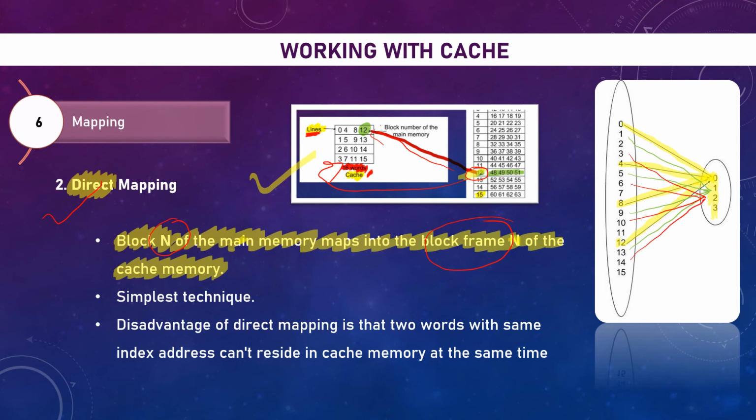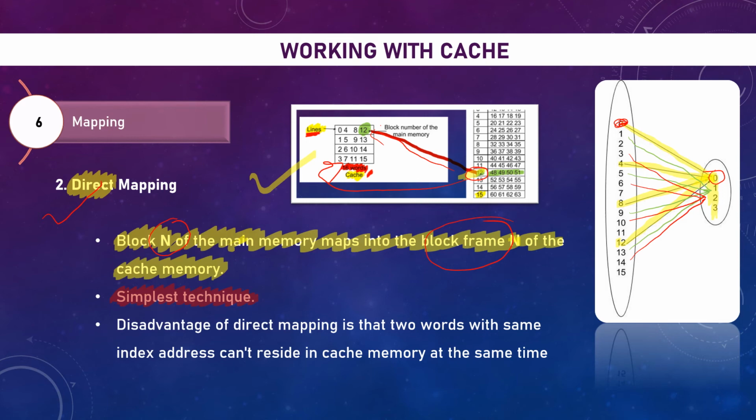So this way each block is associated with the particular block frame of the cache. So this is the concept of the direct mapping. Of course, this is the simple technique because there are no complications.